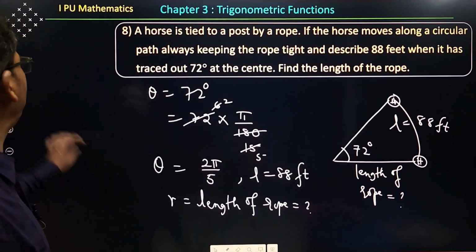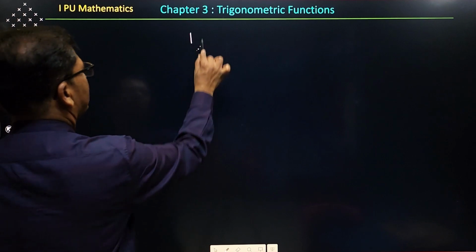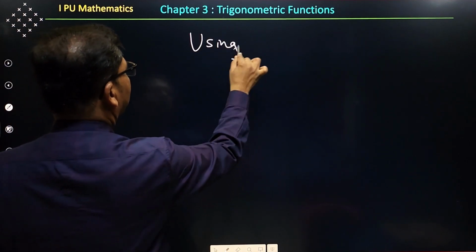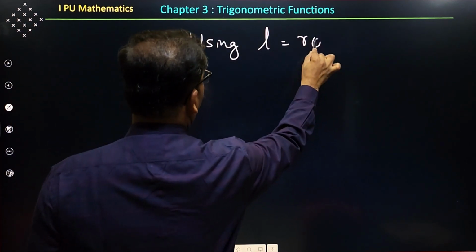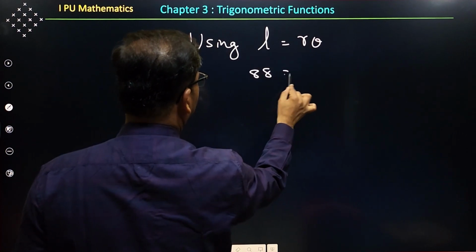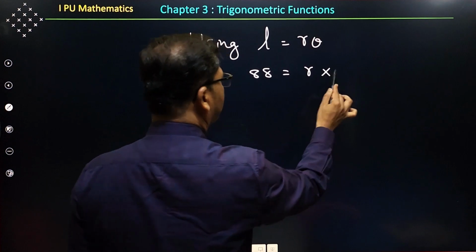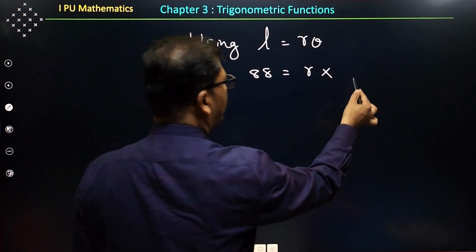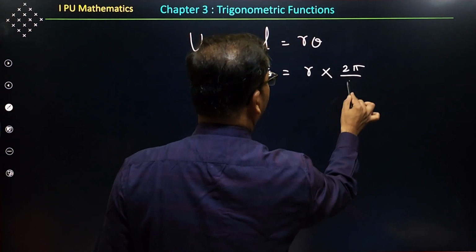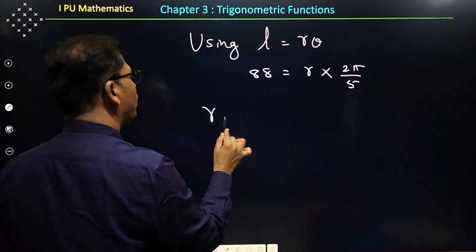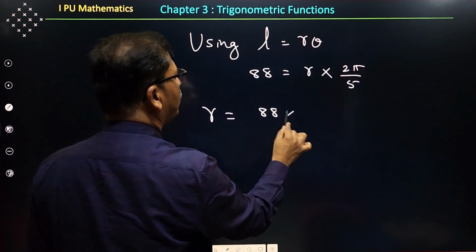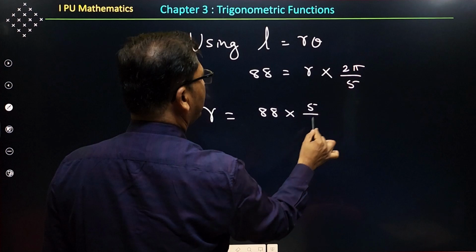Now let me continue the calculation using the relation L is equal to R into theta. This is 88, the length of the arc. Radius itself becomes the length of the rope. We don't know this. Theta is 2 pi divided by 5. So R is equal to 88 into 5 divided by 2 pi.